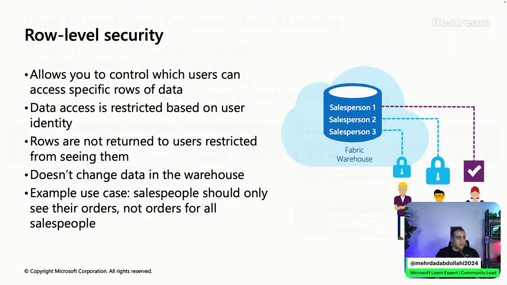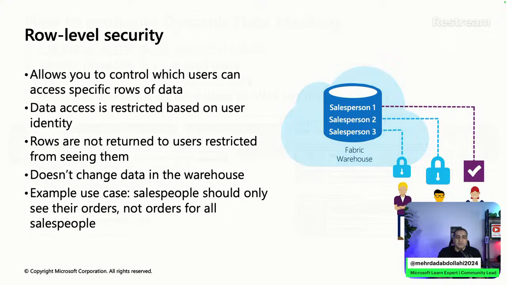From its name, it is row level. It controls which users can access specific rows of the data. And of course, data access is restricted based on the user identity, and those rows that are affected are not going to be loaded or available for those users.